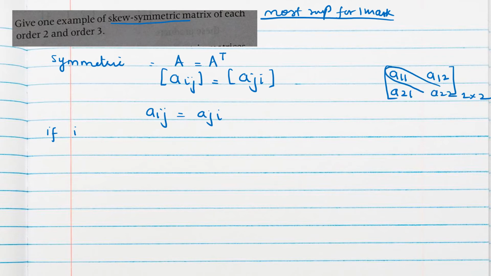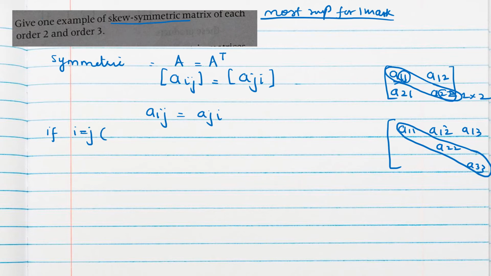So in diagonal elements, if you see, i and j values are equal: 1, 1, 2, 2, isn't it? And in a 3 by 3 matrix, you will get like this, A22, A33. Okay, so i and j values will be equal. So here I'll put that condition, i and j are equal. This is the condition for diagonal element.